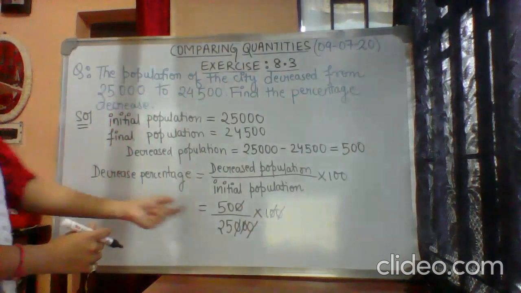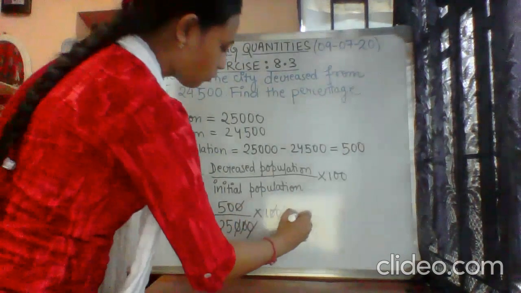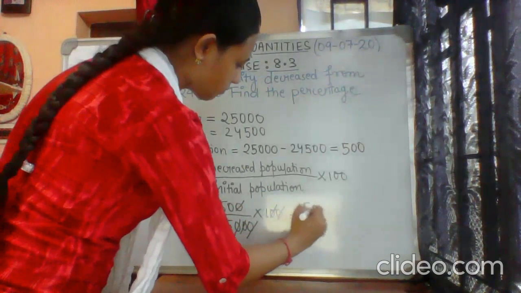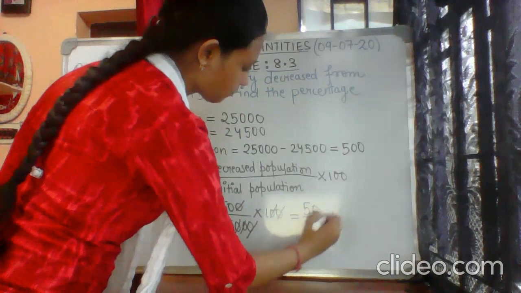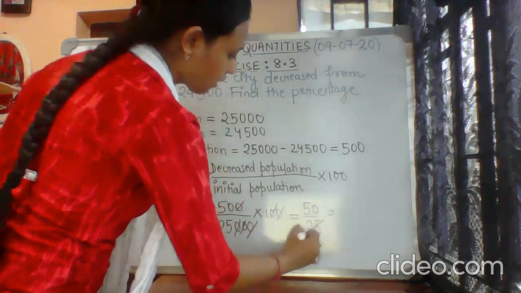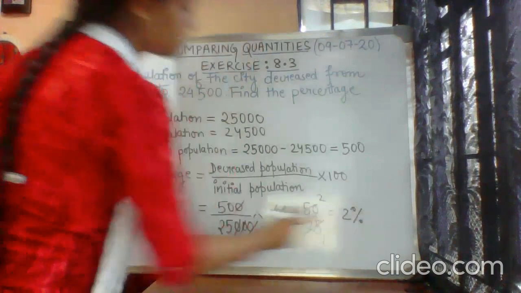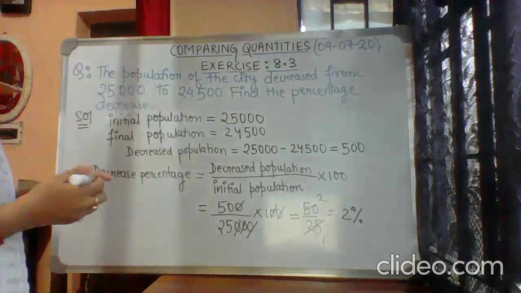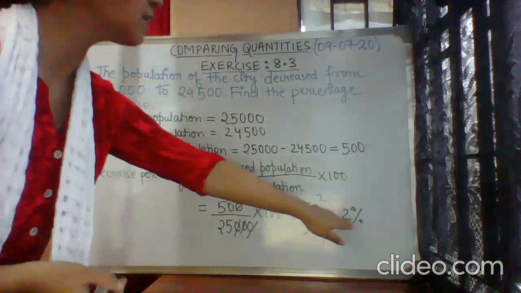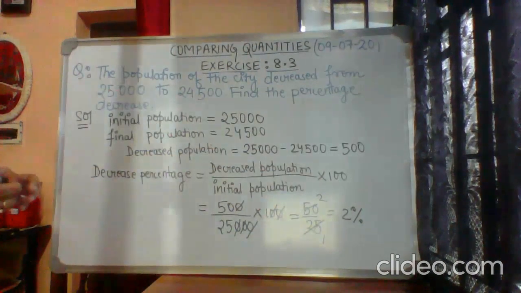Now it is remaining 50 by 25. 50 by 25 means 25 ones are 25, 25 twos are 50. So 2%. There is a 2% decrease in the population of the city.